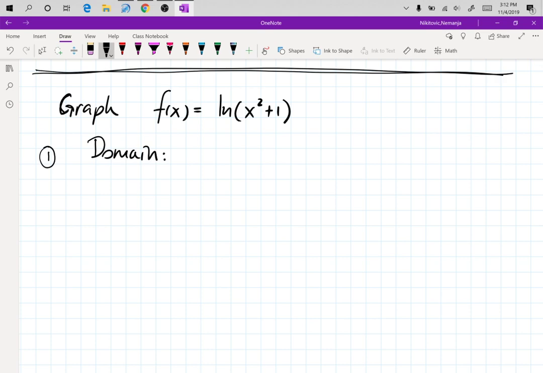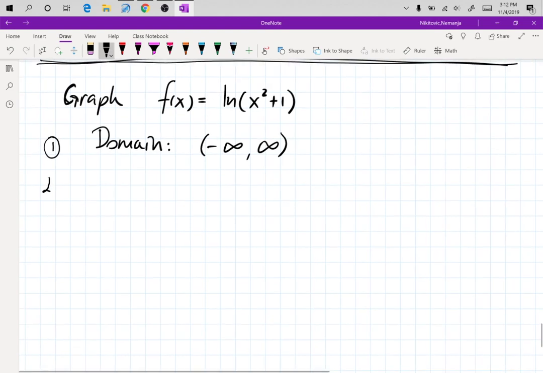But now we have x squared plus 1. x squared will always give you a positive number, no matter what x you plug in, and plus 1 will make sure it's never 0, which is why the domain is negative infinity to positive infinity, all real numbers, because there is no way to make the argument of ln, the stuff in parentheses, negative or 0. And that gives us the domain.